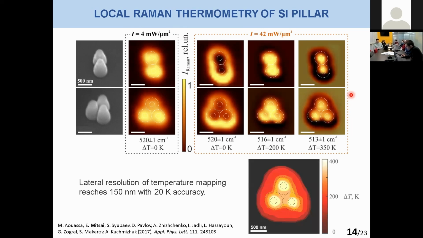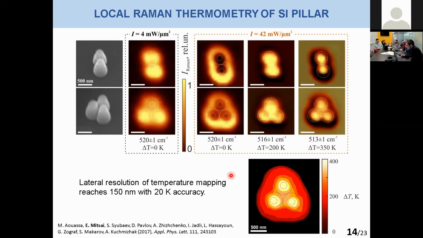And transformation of the shift of silicon band values to heating values and computer post-processing allows us to get this more clear temperature distribution map of a triple pillar.